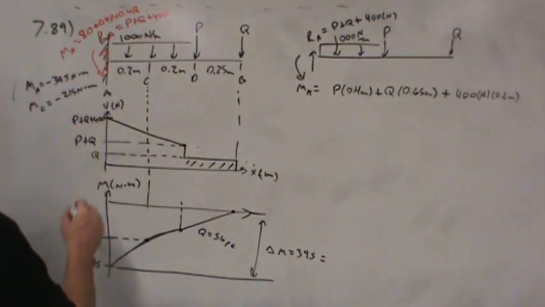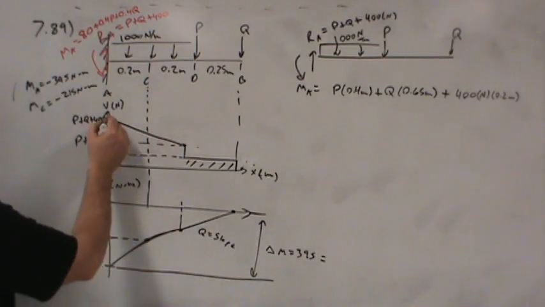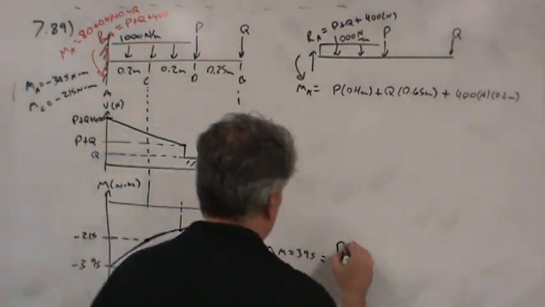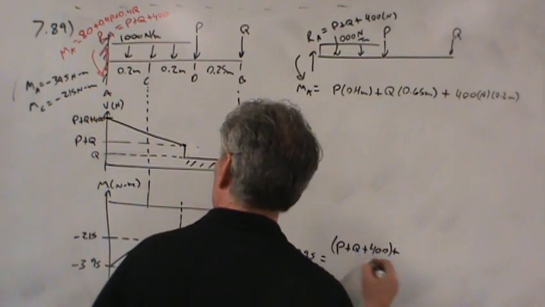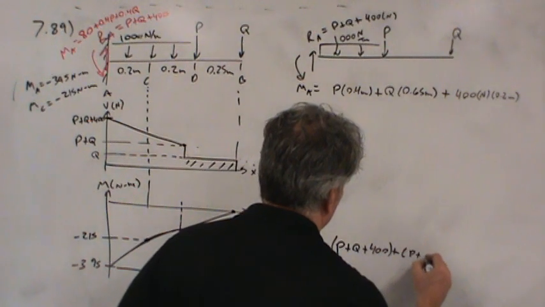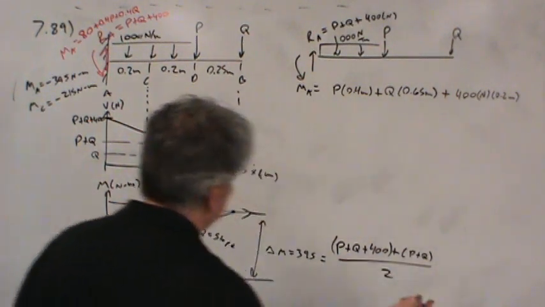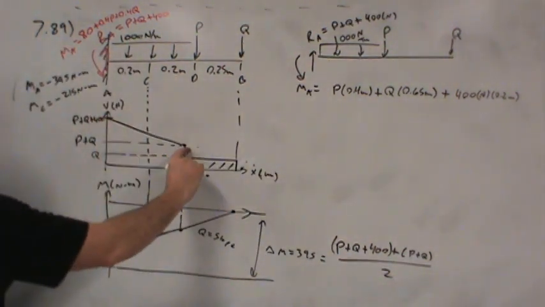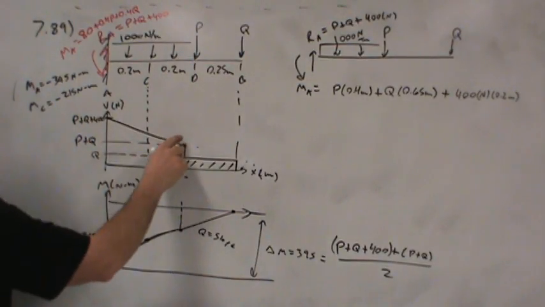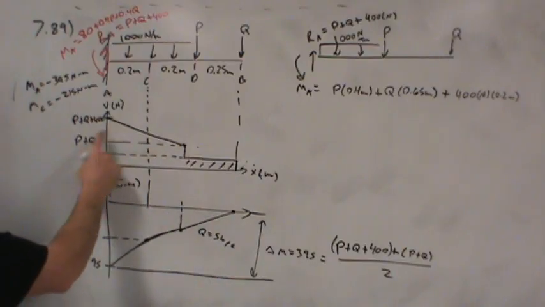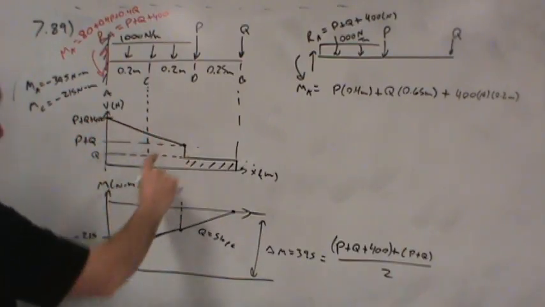So the area beneath this curve would be P plus Q plus 400 plus P plus Q, divided by 2. What am I doing here? I'm taking this height and finding an average height. That's all I've done so far. I'm converting a rectangle and a triangle into just a simple rectangle.